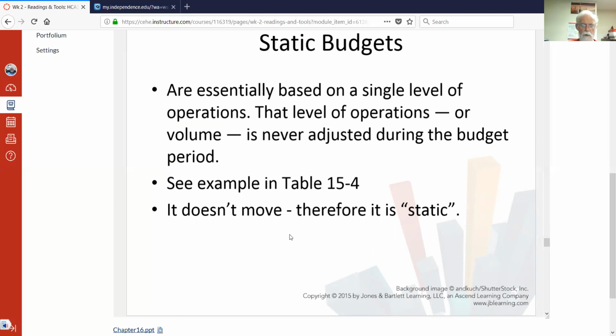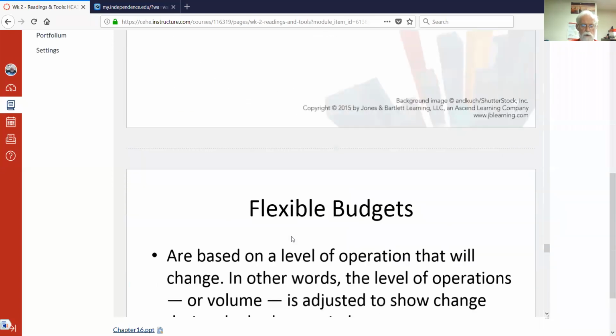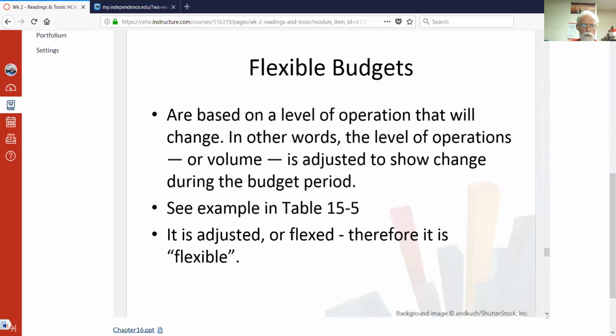It depends on the department or the organization as to whether we have that, or flexible, which means that we can adjust to show change during a budget period.